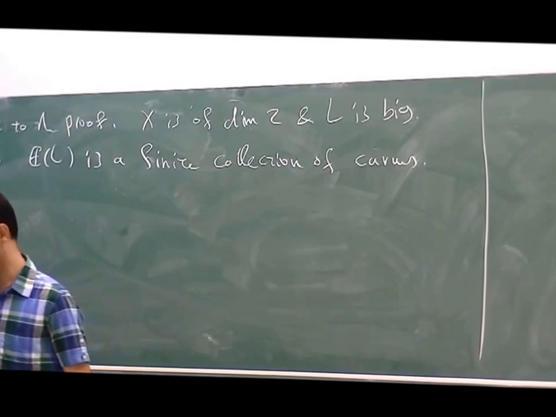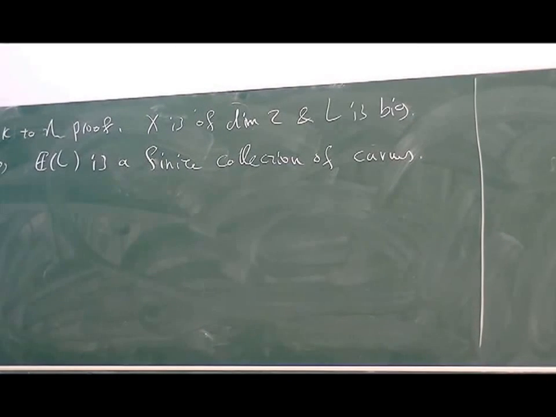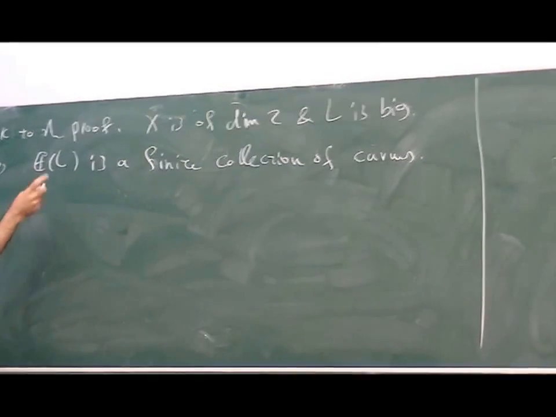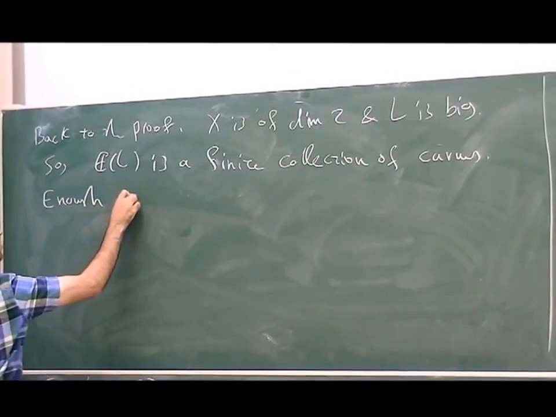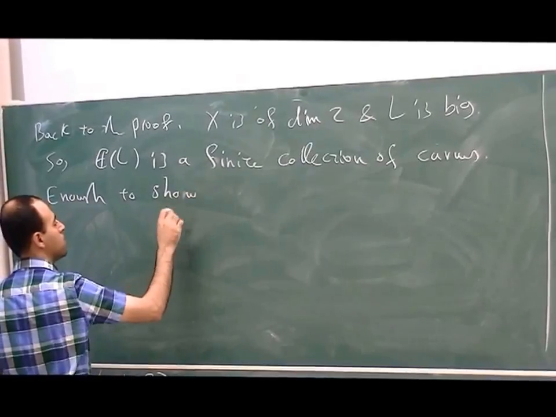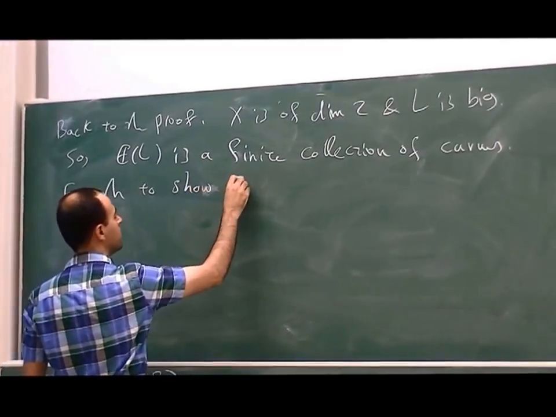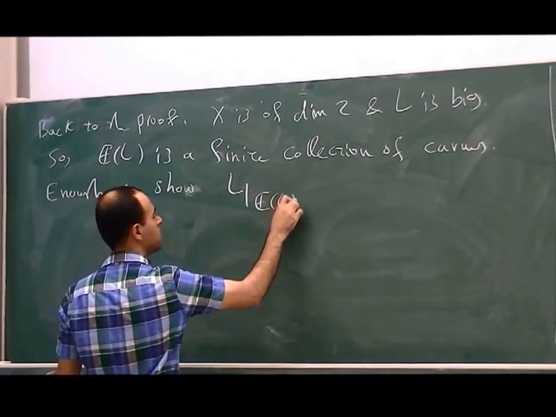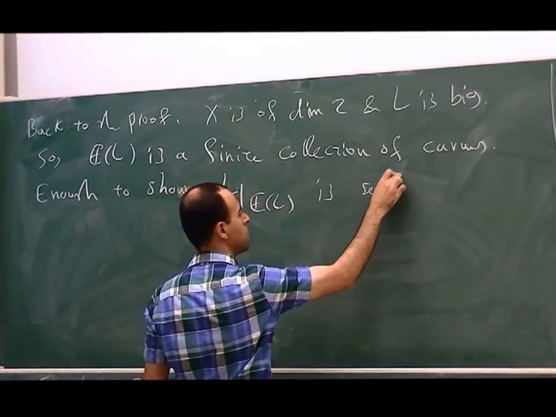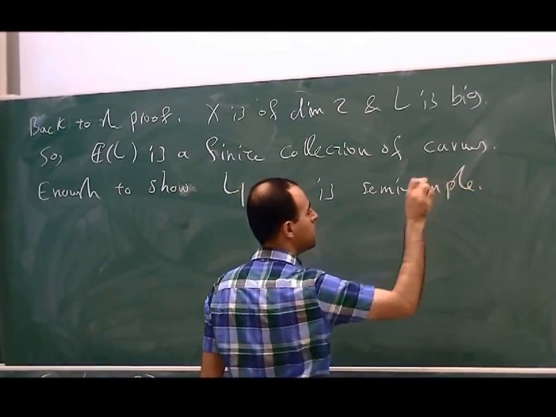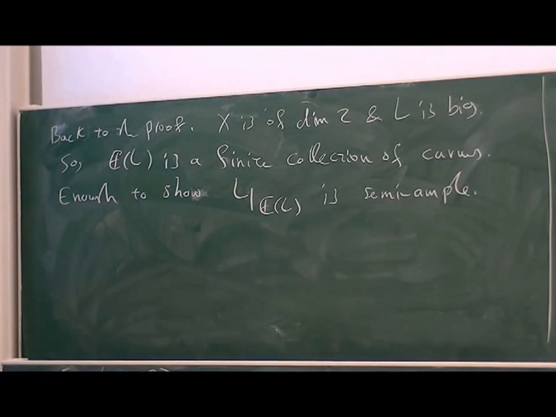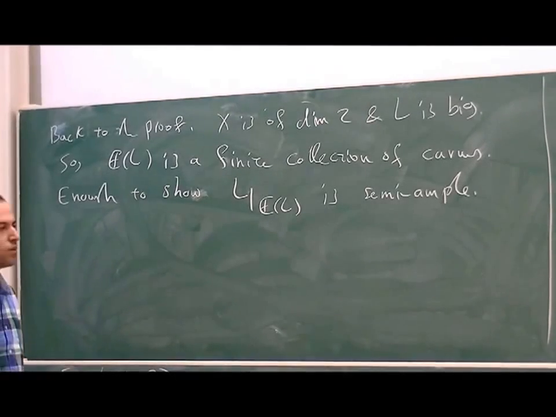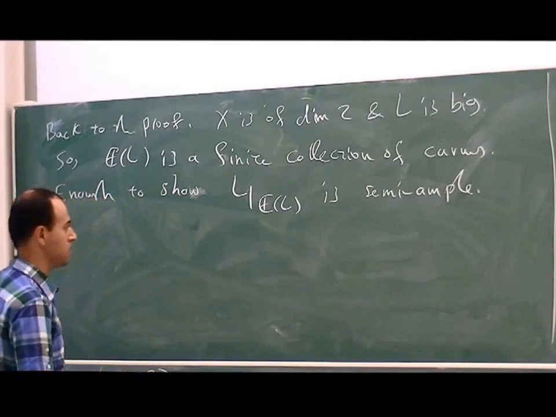And Keel's theorem says that it's enough to show that L restricted to this collection of curves is semi-ample. So the good thing about this whole thing is that you start with a surface, now you work on curves. You drop the dimension by 1. So you can talk about induction.